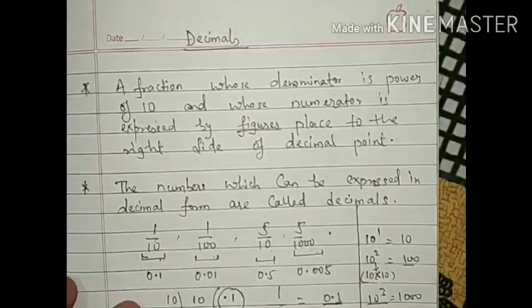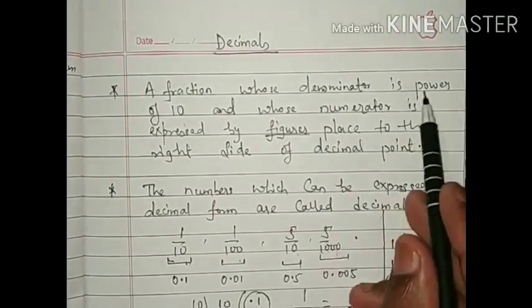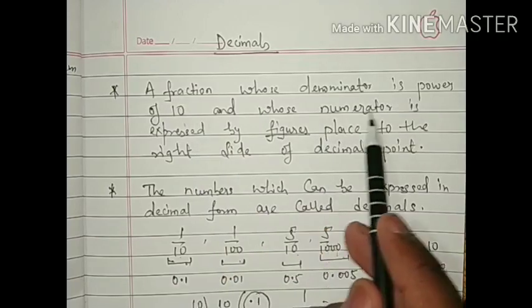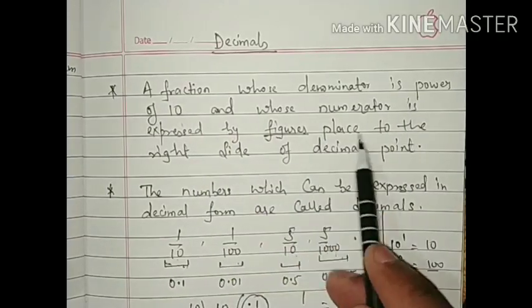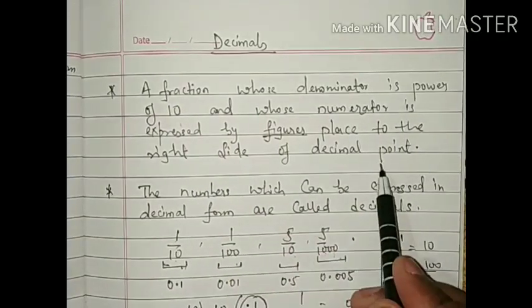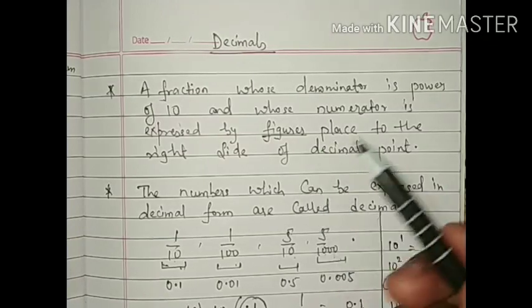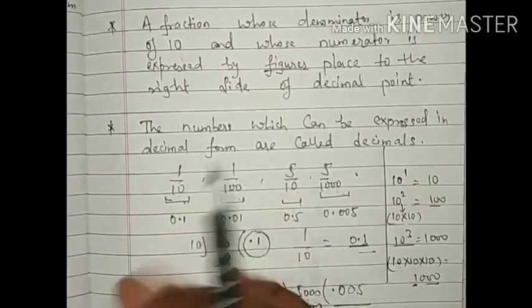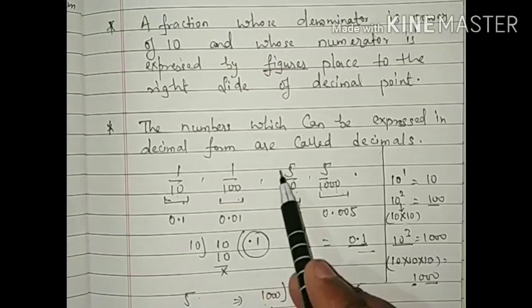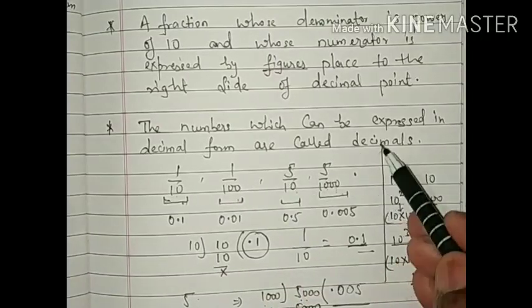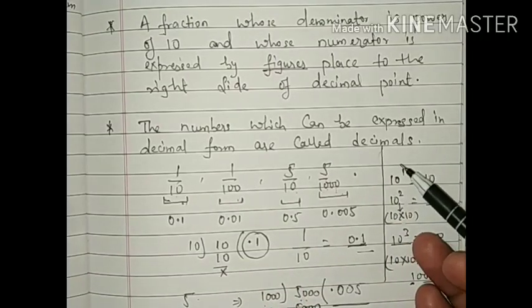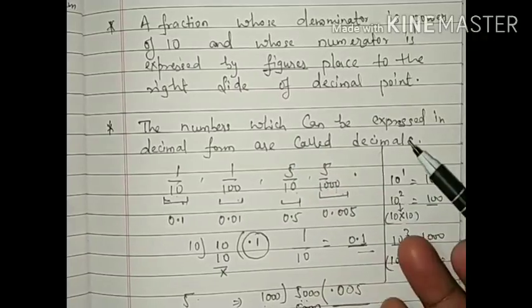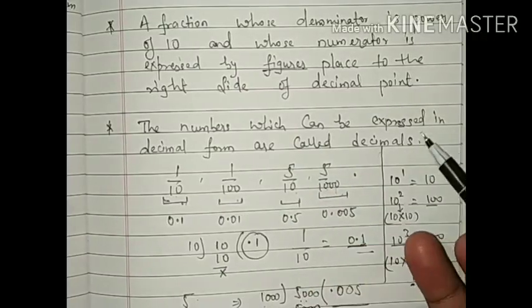So a fraction whose denominator is a power of 10 and whose numerator is expressed by figures placed to the right side of the decimal point are known as decimals. A simple definition for decimal which you all can learn: the numbers which can be expressed in the decimal form are called decimals.